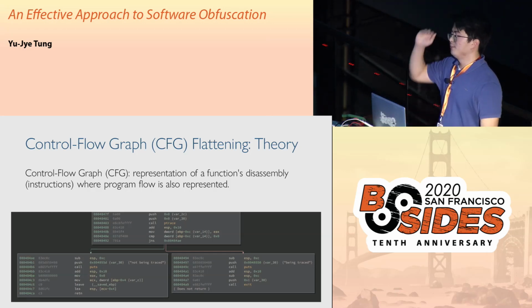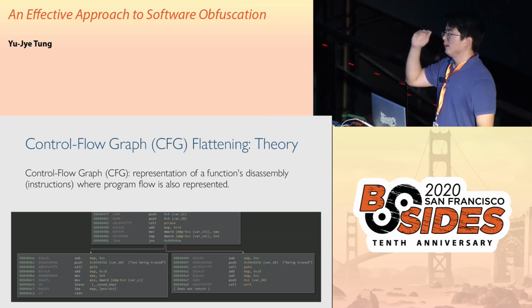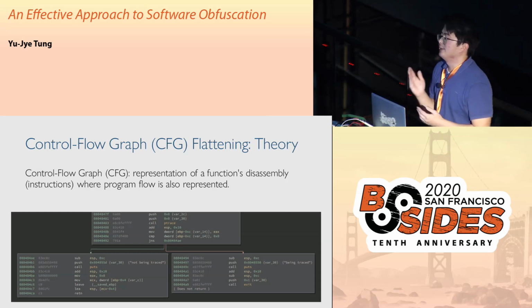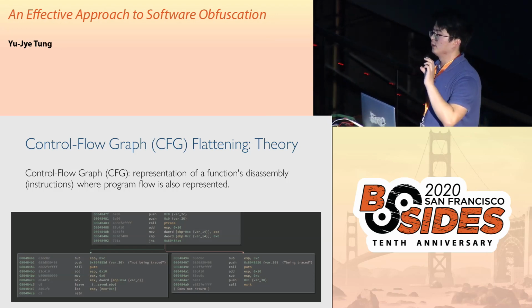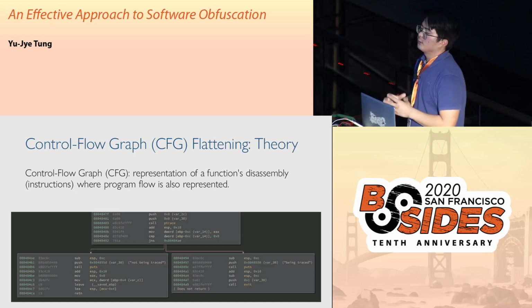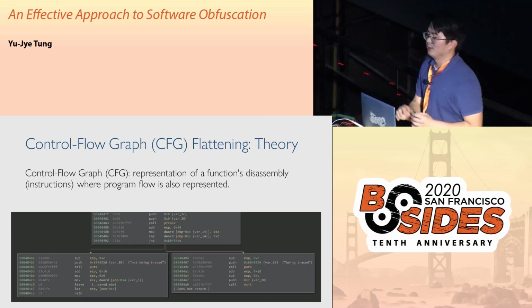The top basic block ends with an if statement, and if it evaluates to true, it will go to the basic block where the green arrow is pointing. If it evaluates to false, it will go to the basic block where the red arrow is pointing.